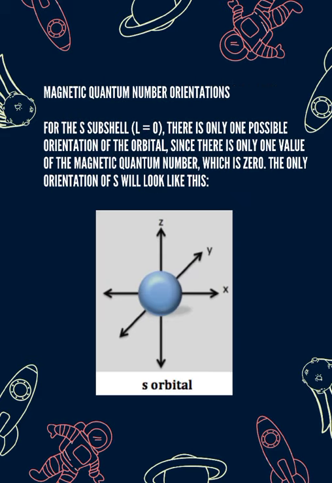Magnetic quantum number orientation. For the s subshell, l is equal to 0, there is only one possible orientation of the orbital, since there is only one value of the magnetic quantum number, which is 0. The only orientation of s will look like this.